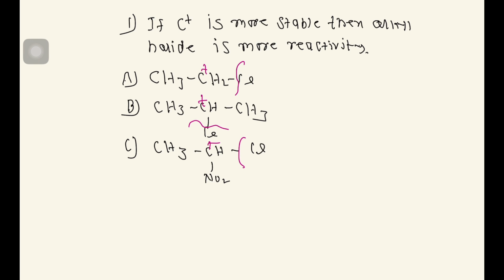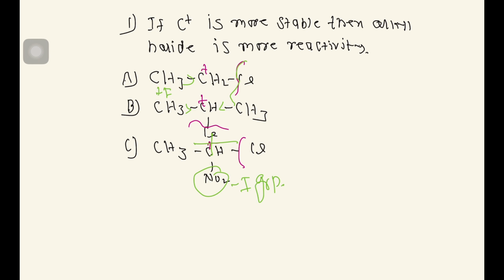So here due to plus I, electron is donated, so positive charge decreases. Here more decreases, and here due to minus I group, positive charge increases. So just think, if positive charge is less, then easily it can break.